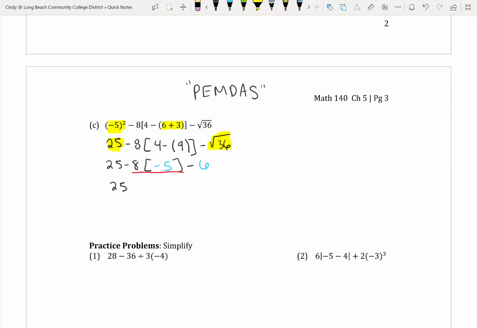So when I multiply a negative 8 times a negative 5, well, a negative times a negative is a positive. So now it's a positive 40 that I'm going to get minus 6. So now it comes down to 25 plus 40 minus 6. And I end up getting a positive 59 as my final answer.